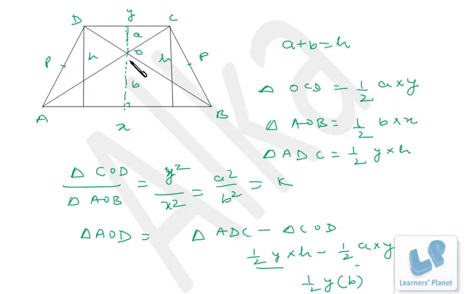Now if we write the ratio of all four triangles, that is COD, DOA, AOB and BOC, what will that be? I write it over here.